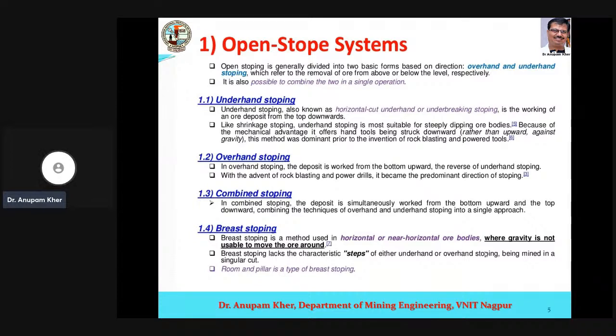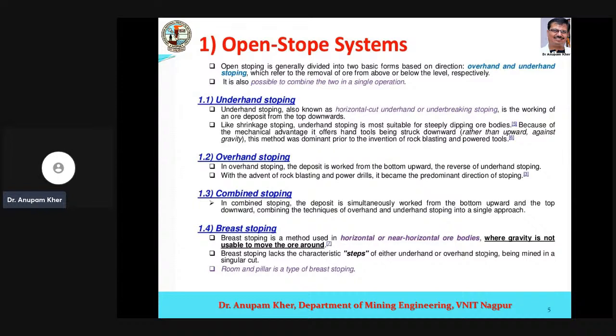All the methods we are going to study can be either underhand, overhand, or breast stoping, or they can be a combination, as you can see in 1.3. The overhand is exactly opposite: from a lower level we progress in an upward direction. It can be vertically upward or inclined upward, but the advancement within the ore body is always towards the roof.